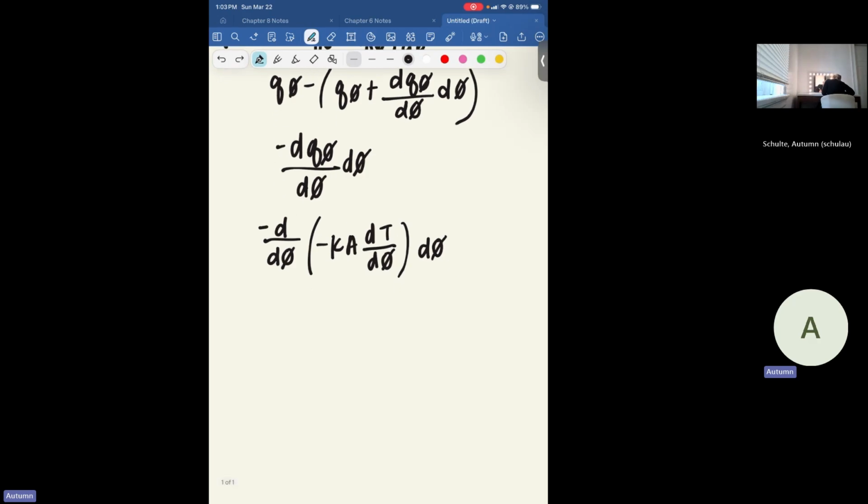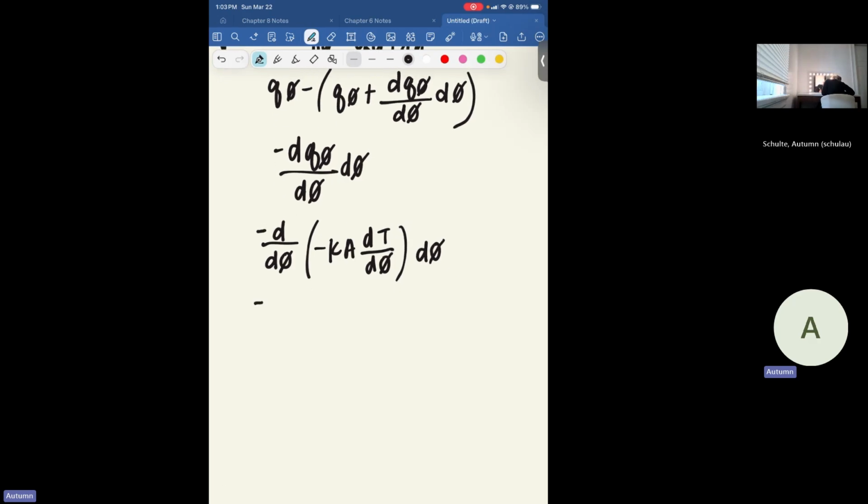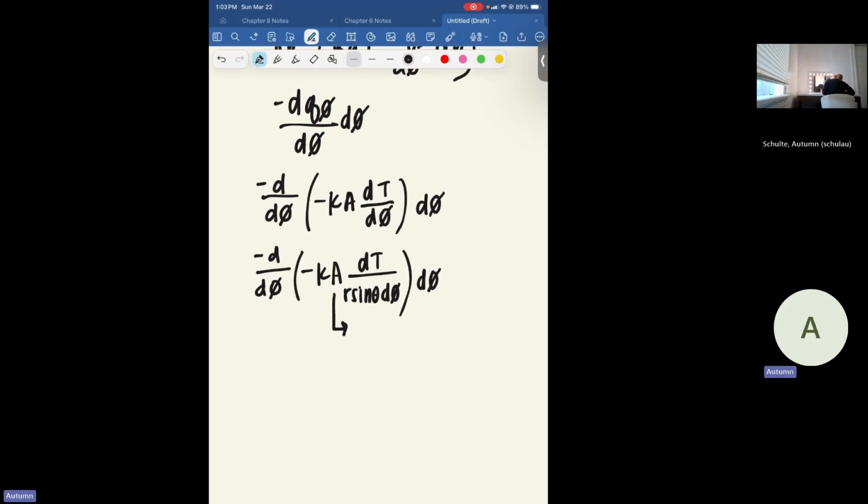So we're going to have to change this to be negative d over d phi times negative k a, the derivative of the temperature with respect to r sine theta d phi, in order to make that units of position, times d phi. Our area for this is going to be r d theta dr.